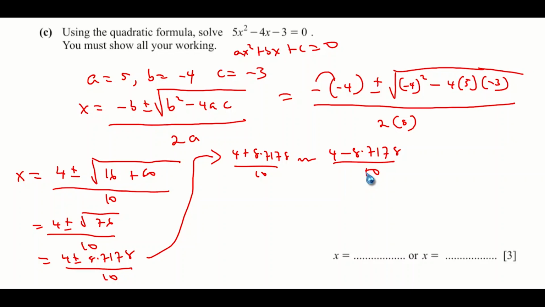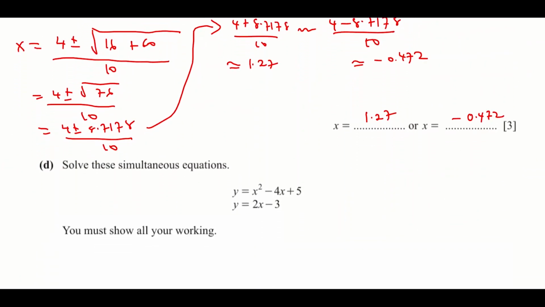If you add these together and divide by 10, you should get approximately 1.27, and here you should get approximately minus 0.472. So x is equal to 1.27, or x equals minus 0.472 to 3 significant figures.